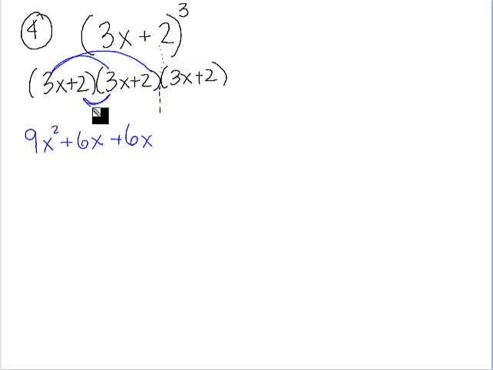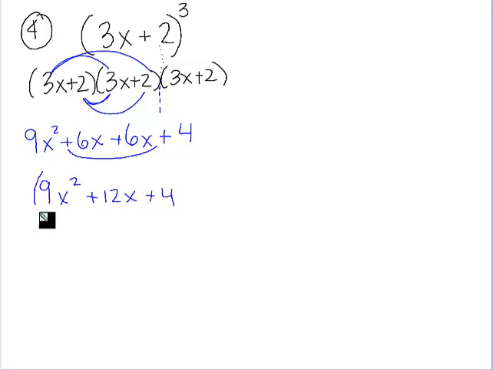And then we have 2 times 2, which would be 4. Okay, can we simplify that? So how will this simplify? 6x plus 6x. What will we get when we do 6x plus 6x? Plus 12x plus 4. So is everyone okay with that first part? We got 9x squared plus 12x plus 4.